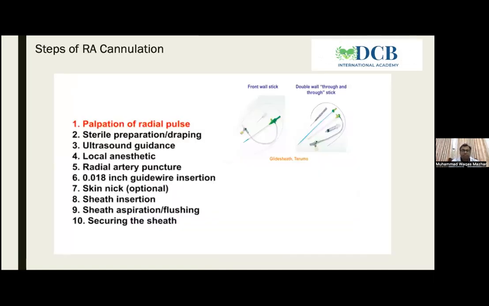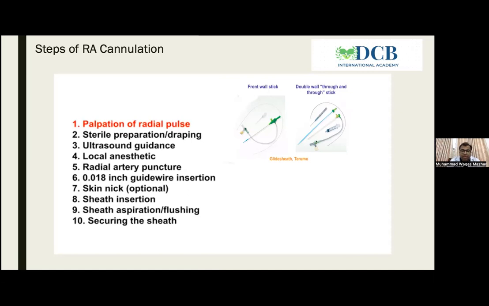What are the different steps of radial artery cannulation? First of all, palpation of the radial pulse, then sterile preparation and draping, ultrasound, obviously, if it is available in the cath lab, local anesthesia, radial artery puncture, and access. After needle insertion, we will put a 0.018-inch guide wire inside.